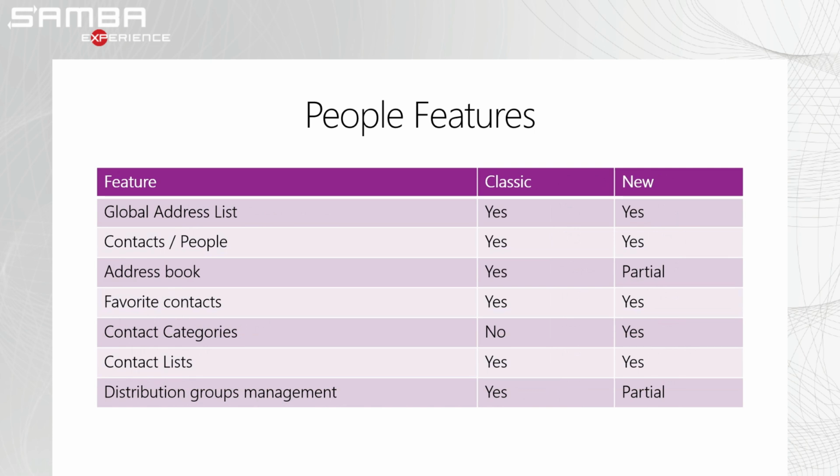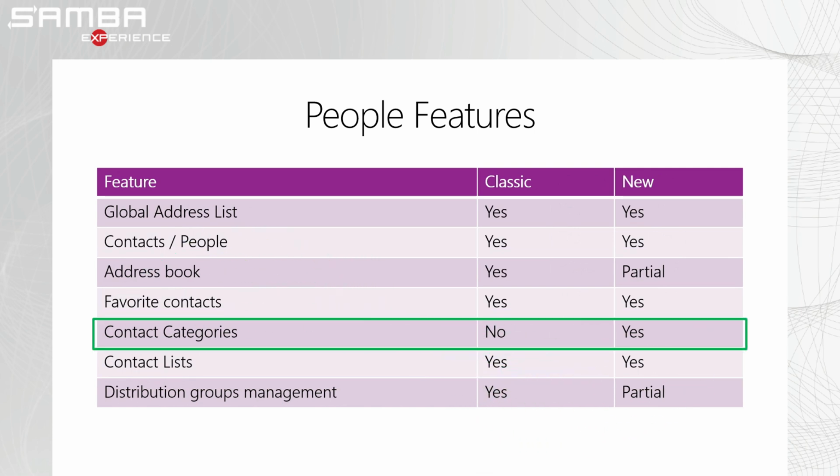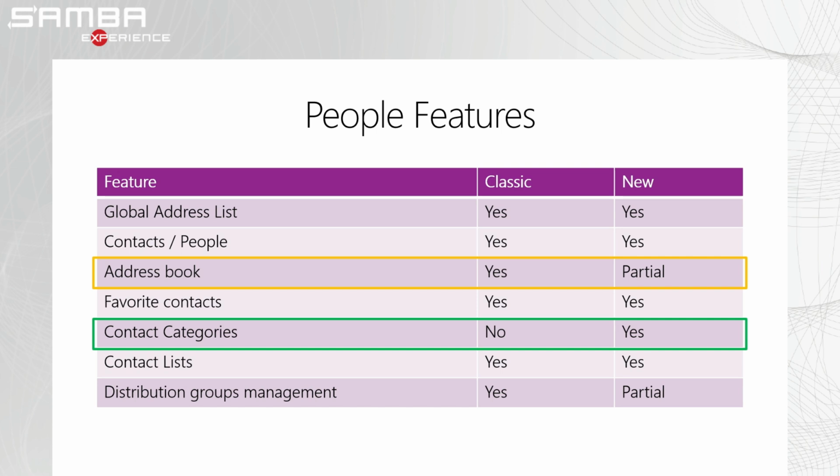People features. Interesting that new Outlook allows you to set categories on contacts. Address book implementation in new Outlook is sufficient, but classic Outlook has more. Global address list and contacts with people are supported in both, of course.